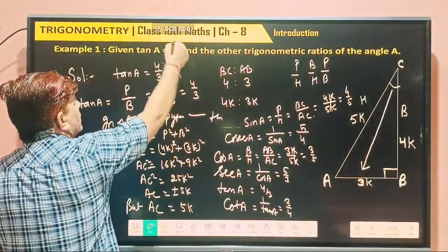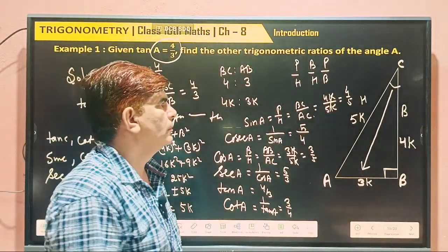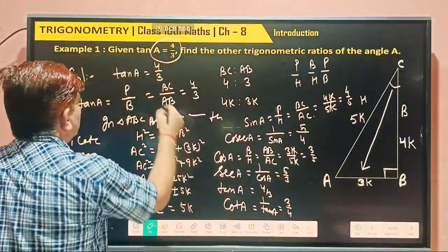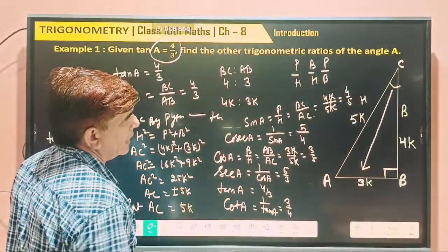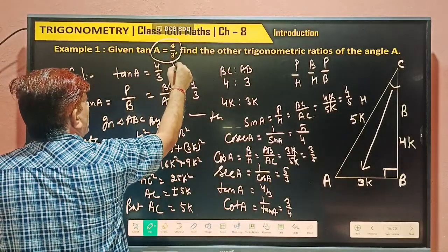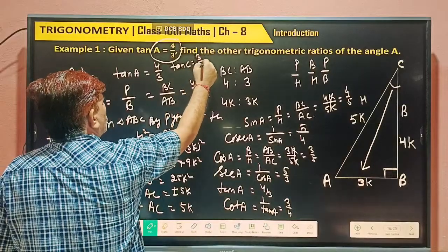What's given? This is given. Or you can take clear values, tangent C equal to 3 by 4.